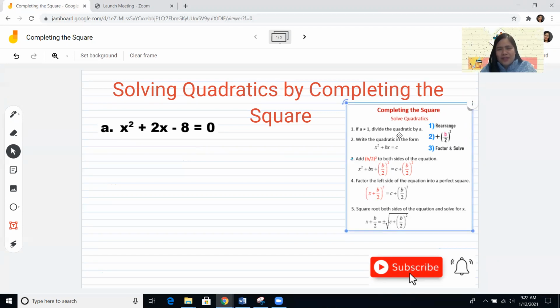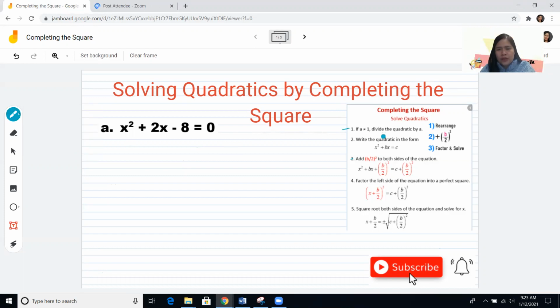For me, I suggest that you follow these detailed steps. Completing the square, solving quadratics or trinomials. For step 1, if a is not equal to 1, divide the quadratic by a. Let us first review the terms. This is the quadratic term, the linear term, and the constant term.